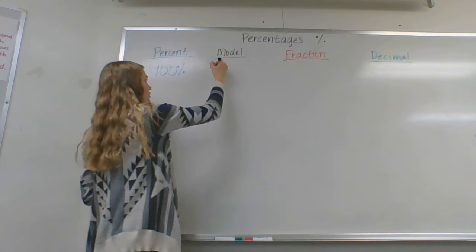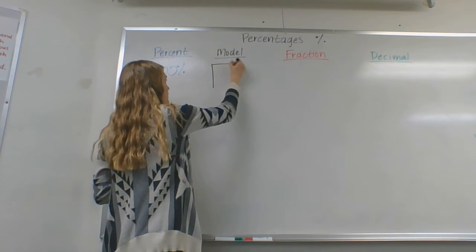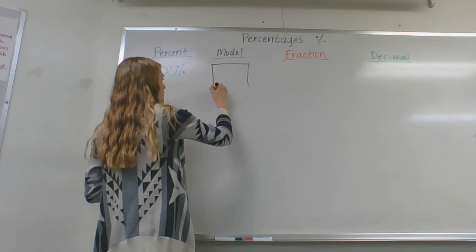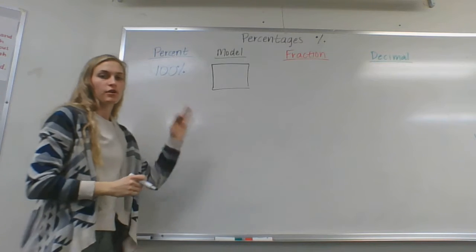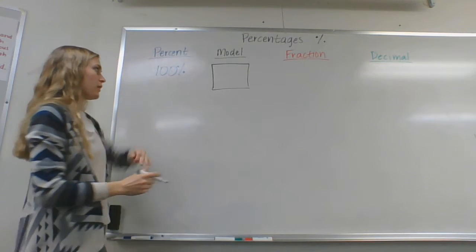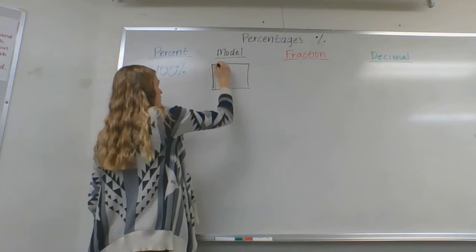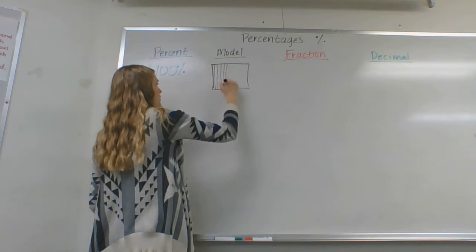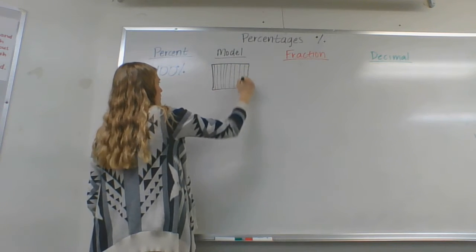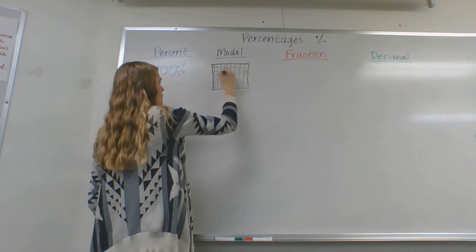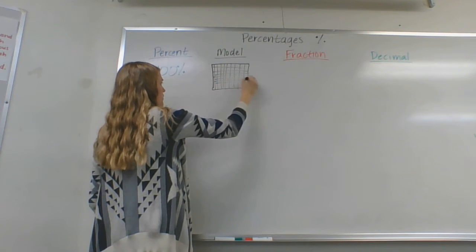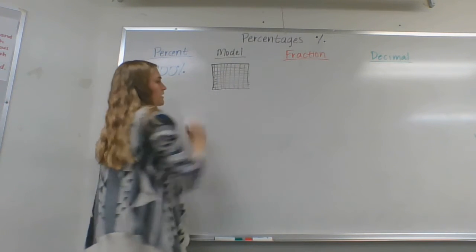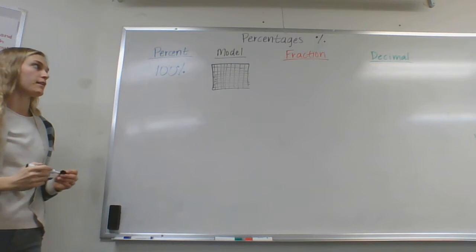So what you need to do is draw a square. Doesn't have to be perfect. And then draw 9 vertical lines and 9 horizontal lines inside. Again, it doesn't have to be perfect, just like something like that.